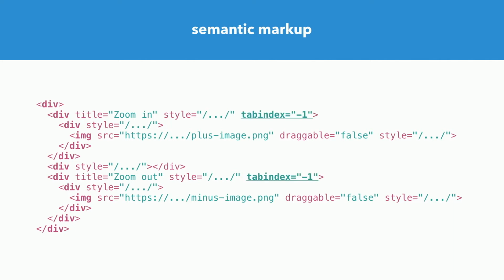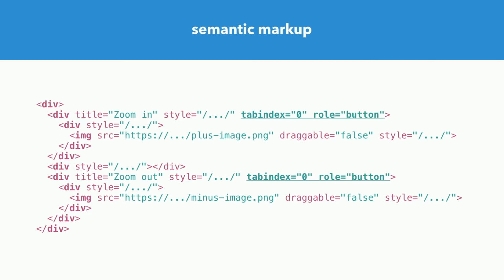Well, we could throw tabindex minus 1 on the divs, which makes them kind of focusable, but they will not be reachable or focusable with the keyboard. So let's go with the 0 there. A little hint: when you use tabindex, only go with these values. But now when a person tabs through or focuses this thing, the person doesn't know that this is actually a button.